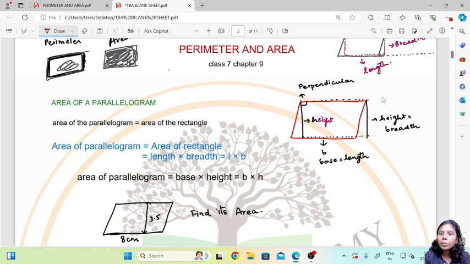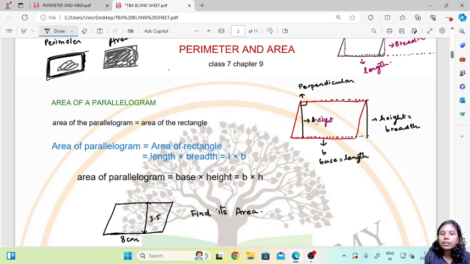Initially it was breadth. So the height of a parallelogram is equal to the breadth of a rectangle, and the length of a rectangle is equal to the base. In a parallelogram, we name it as the base of the parallelogram.